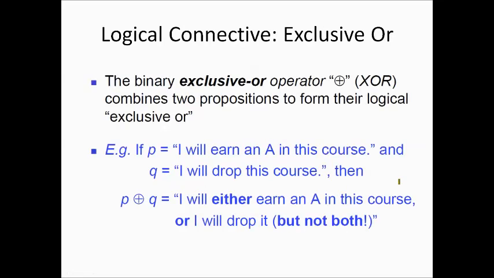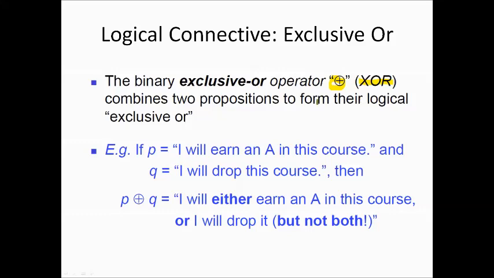Next, after the negation, after the AND, after the OR, we have the exclusive OR. Exclusive OR is denoted by this symbol and by the nickname XOR. It combines two propositions to form their logical exclusive OR.